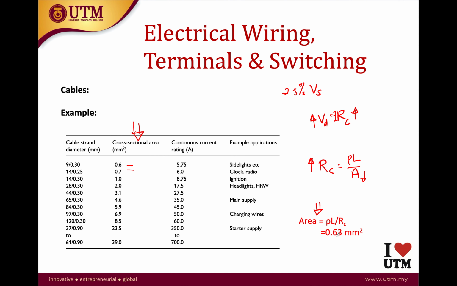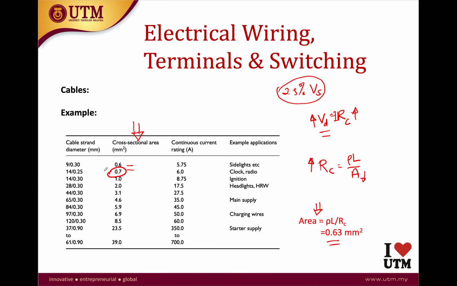Which means that if we get anything lesser than 0.63, let's say we choose 0.6, the area is smaller, and it will increase the internal resistance of the cable, which will give us a higher voltage drop, which might go beyond the allowed 2.5%. So from this case, choosing 0.7 would be the better choice as compared to choosing 0.6.